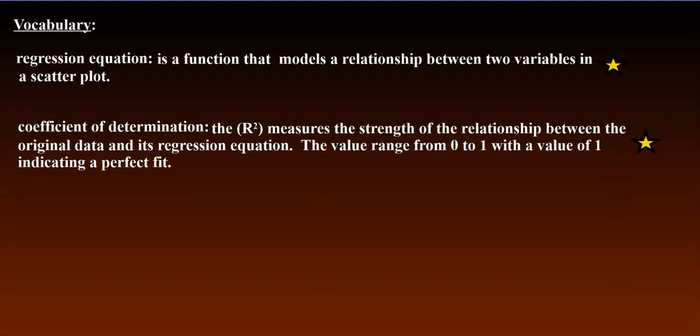The R squared measures the strength of the relationship between the original data and its regression equation. The value ranges from 0 to 1, with a value of 1 indicating a perfect fit.